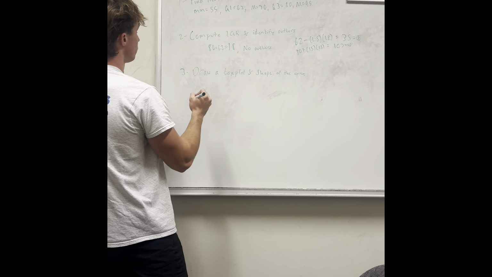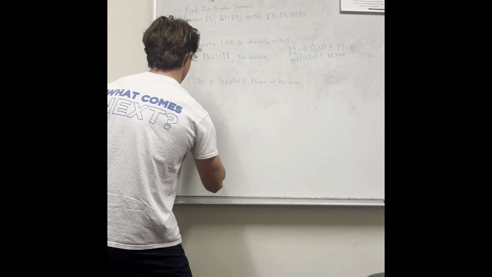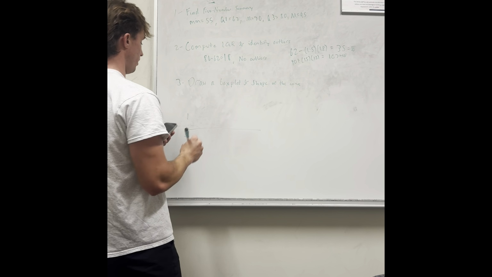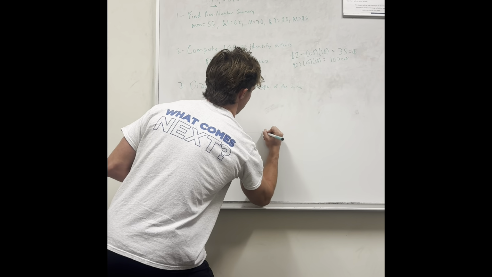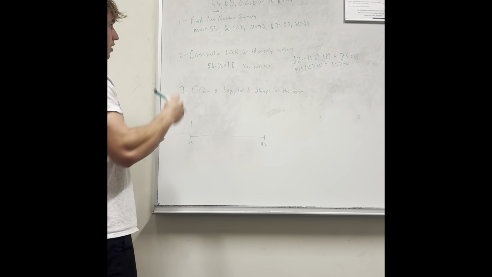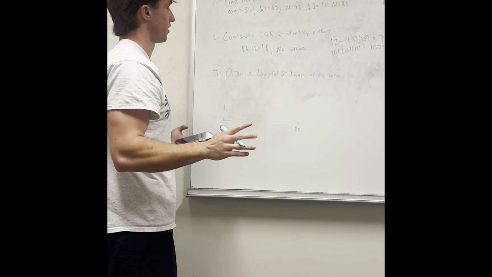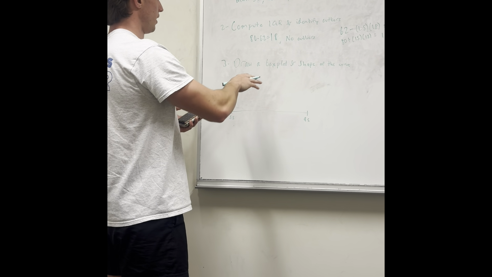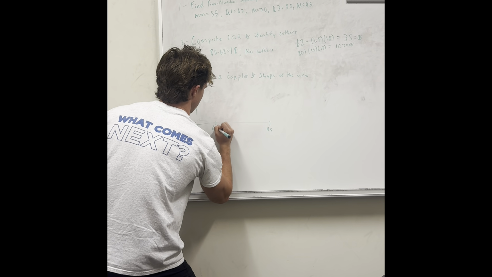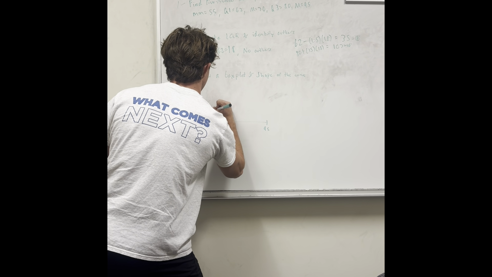So we have our minimum, which is going to be 55, and our maximum, 95. Our Q1 doesn't have to be perfect here, just roughly the same idea. Q1 is 62, so right about here. That's where our box starts.